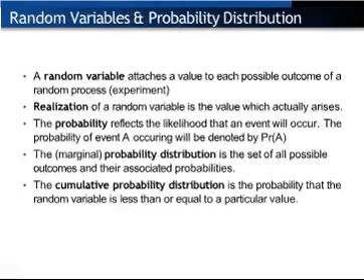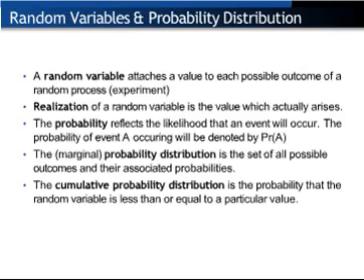Random variables and probability distribution. A random variable attaches a value to each possible outcome of a random process, or experiment. Realization of a random variable is the value which actually arises. The probability reflects the likelihood that an event will occur.